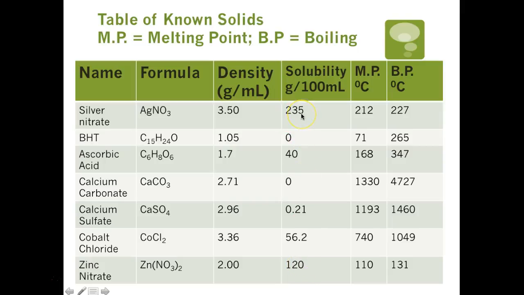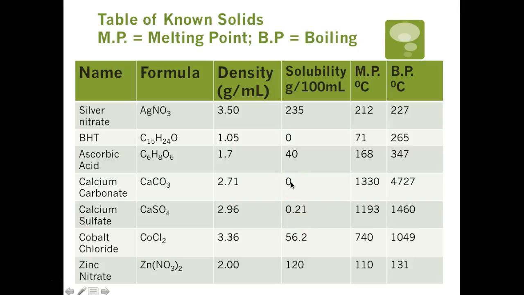So silver nitrate is very soluble in water. Zinc nitrate also is quite soluble in water. Whereas if you look at these numbers like 56 and 40, that means this is kind of soluble, a little bit of it dissolves, but for the most part, they're not as soluble in water. Now, when the numbers are either zero or close to zero, that means they do not dissolve in water at all.